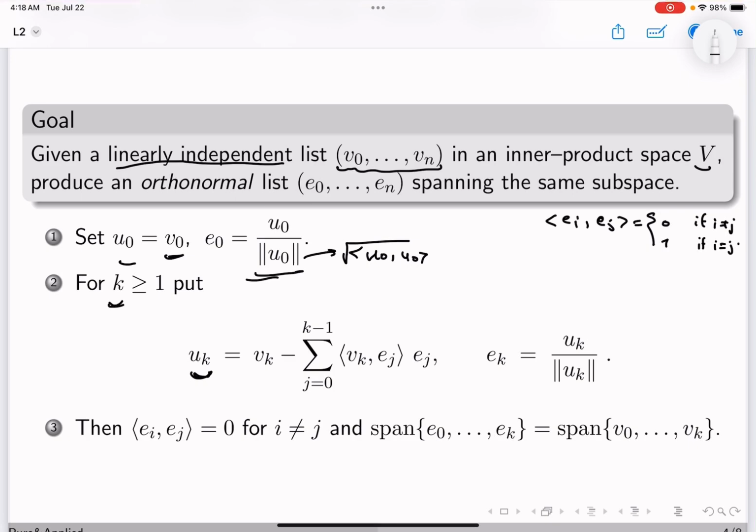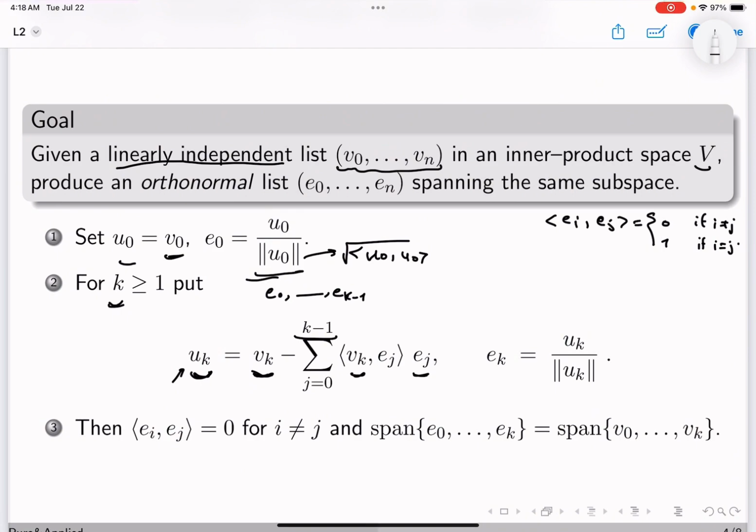At step k, we're going to assume that we already have found E0 up till ek minus 1. So we're going to do it by induction, and we're going to introduce the kth vector uk to be the vk vector that we already have, minus the projection of that vector onto ej for every j less than k.